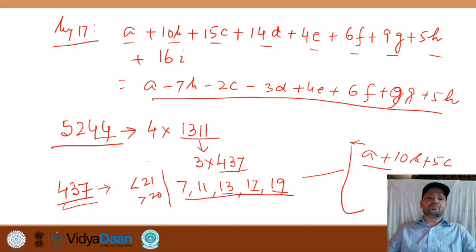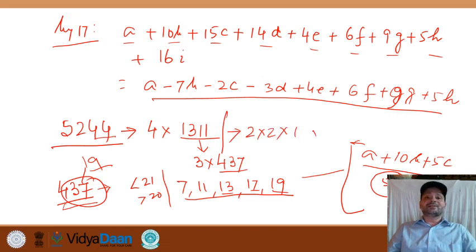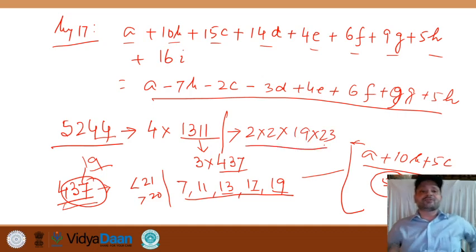So 7 plus 10b, that is plus 30, 37 plus 5 into 4, 20, that is 57. It comes 57 is divisible by 19. It means this number is divisible by 19. So it will be 19 multiplied by 23. So you can write further 2 into 2 into 19 multiplied by 23.